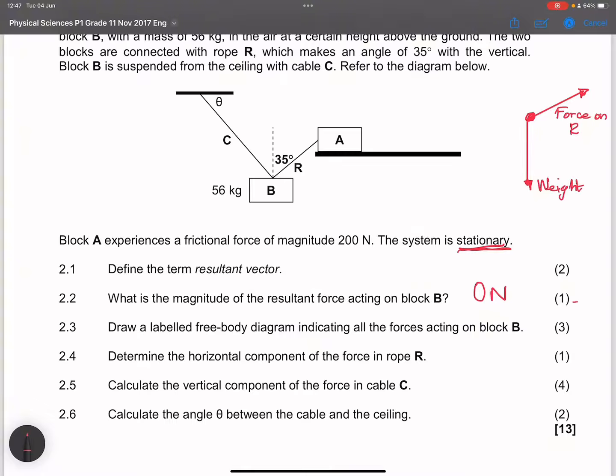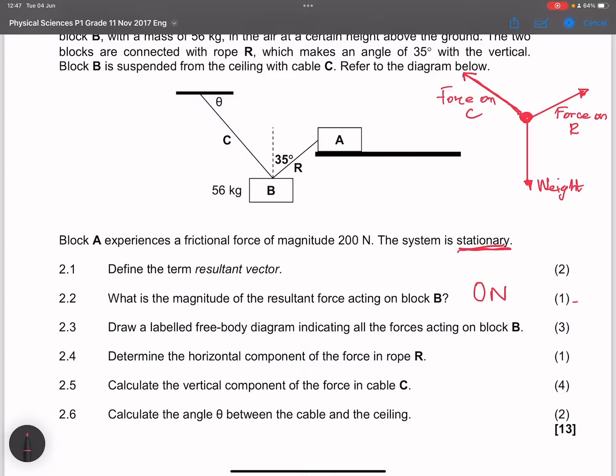As well as, in this case, we've got force C, the force on rope C. And that is what our vector diagram looks like. I hope that you got it, ladies and gents. Those are the 3 forces that are acting on B.